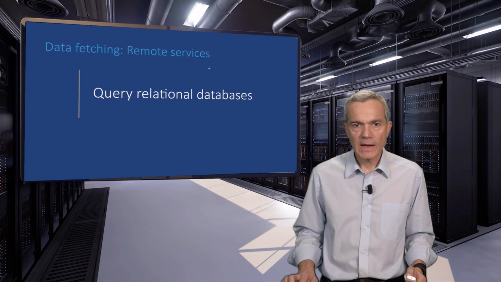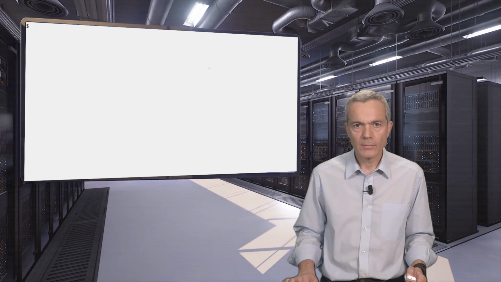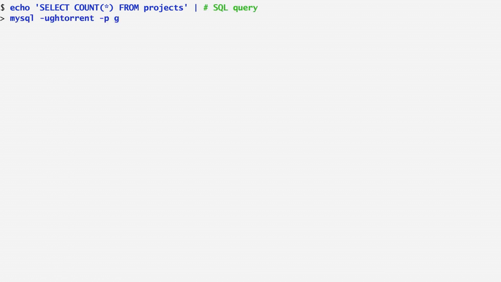A lot of data live in relational databases. Let's now see how we can fetch data from a MySQL database through its command line interface. I first type a SQL query and then I pipe it to the relational database frontend, in this case the MySQL command. As you see, I echo select count star from projects, which is a table of the database I'm interested in, and then I run MySQL.